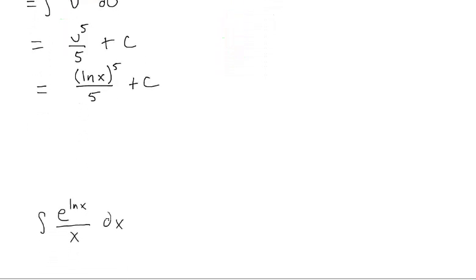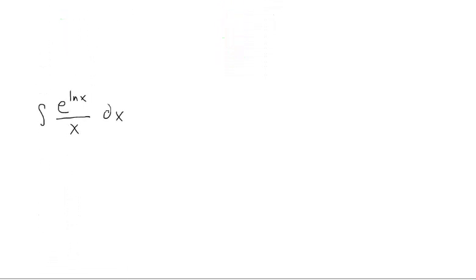Alright, so here in this last example I have e to the ln of x divided by x. So just like I was saying before, we don't know how to integrate ln of x, so that's going to become our u, but also it's the exponent of e, and I also said that normally it's the exponent.